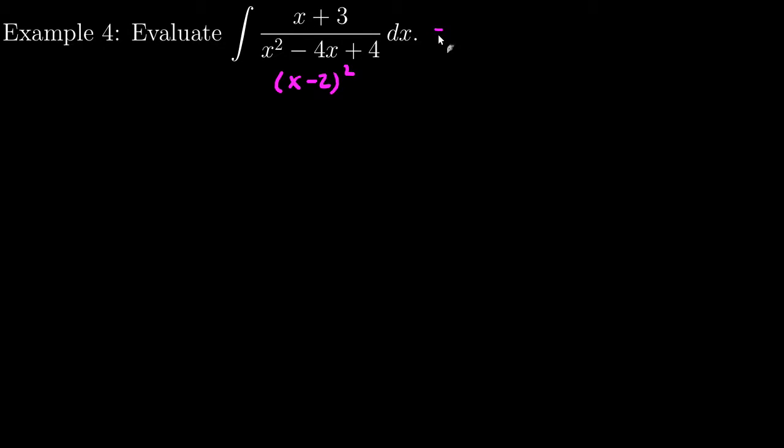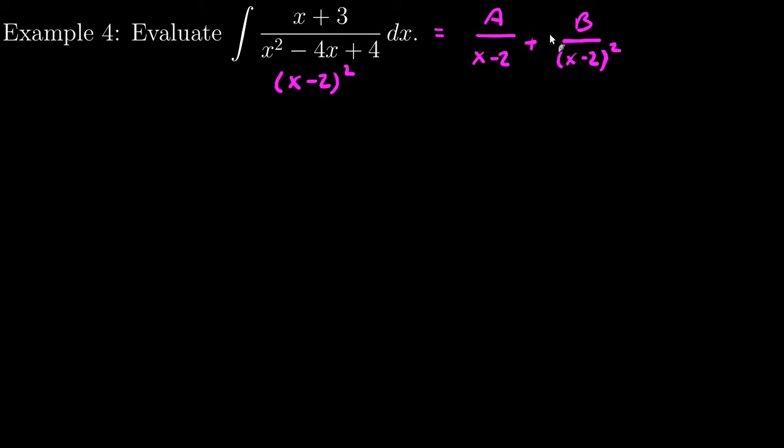I'm going to write this as a over x minus 2 plus b over x minus 2 squared. It's still going to help because the problem with this problem is that I have an x and a 3 up here, and u substitution won't work because I cannot let u equal x squared minus 4x plus 4. It won't cancel out the numerator.